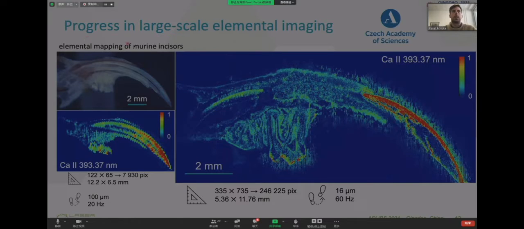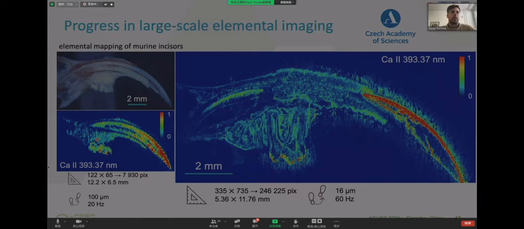What we can clearly see here is the progress that we made in elemental imaging in the last year: there is a really nice image of the incisor embedded in epoxy. Now we have switched to hard tissues, so we are embedding those tissues in epoxy, cutting them and polishing them finely with diamond pastes.